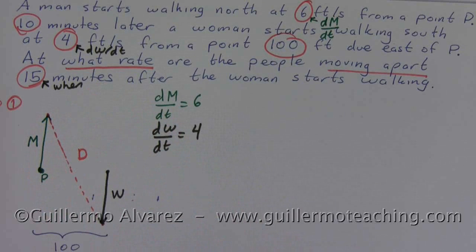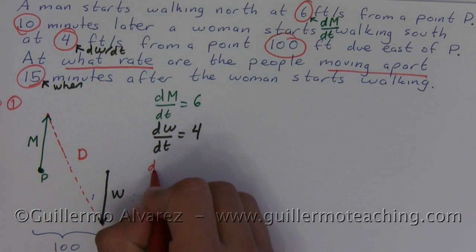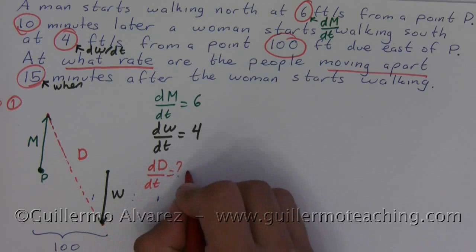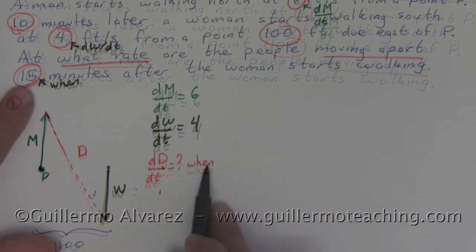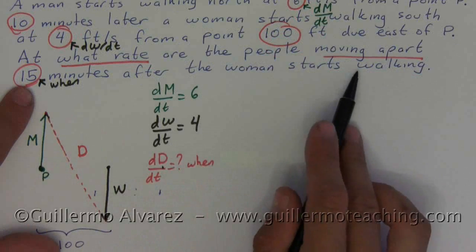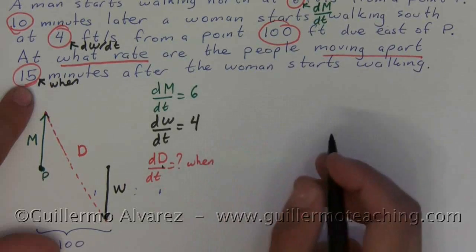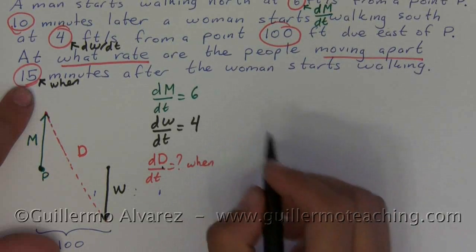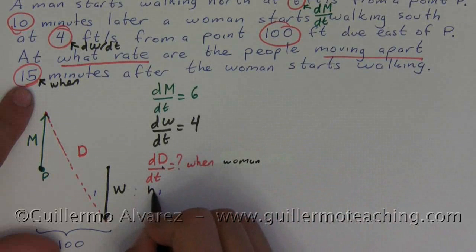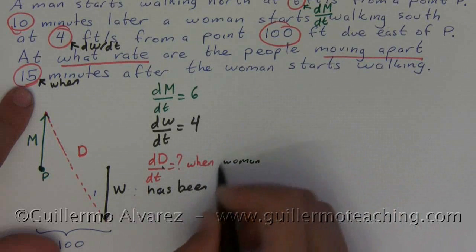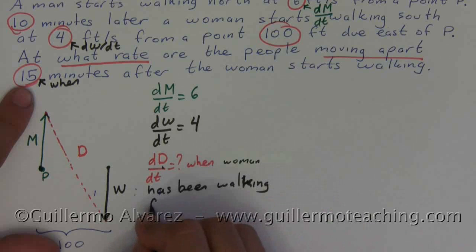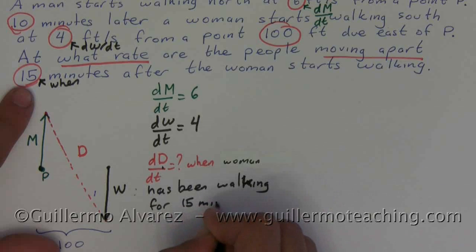So that means that what I'm looking for is the derivative of capital D with respect to time when the woman has been walking for 15 minutes.